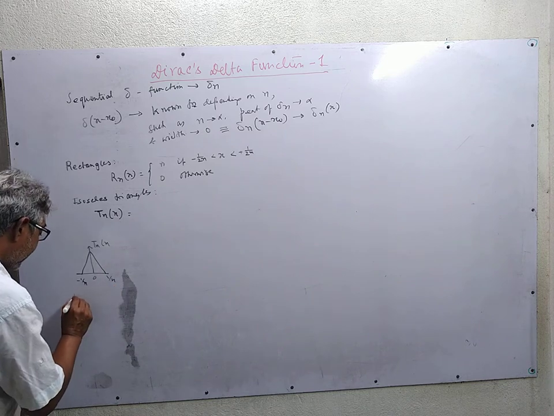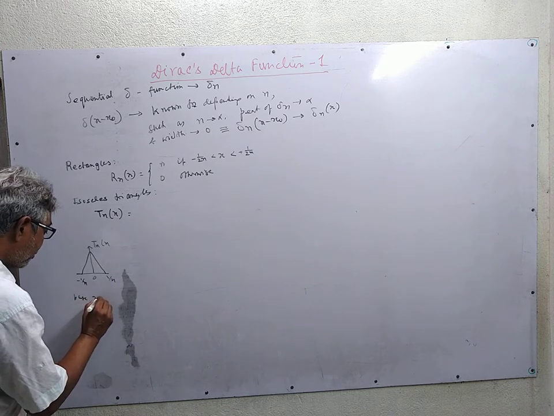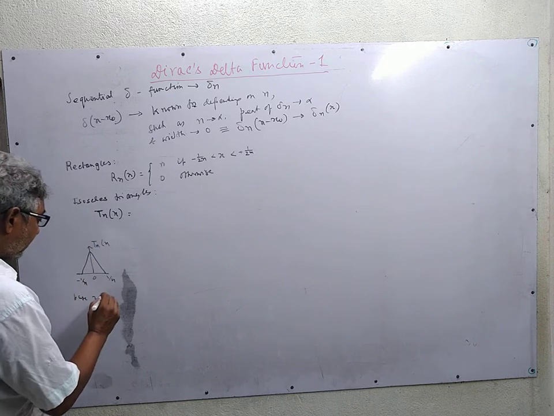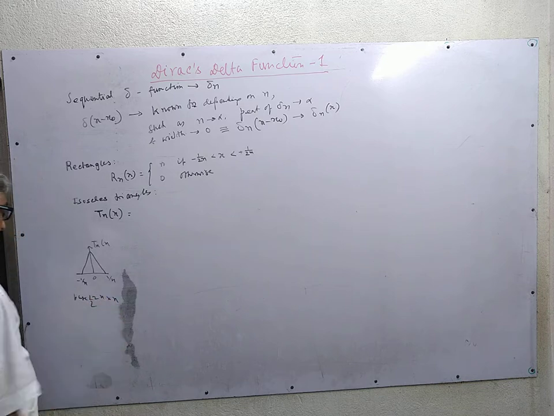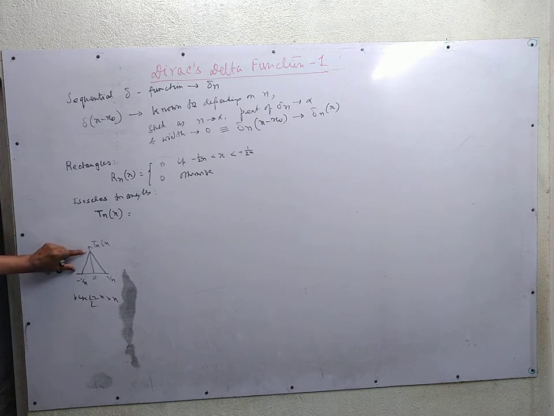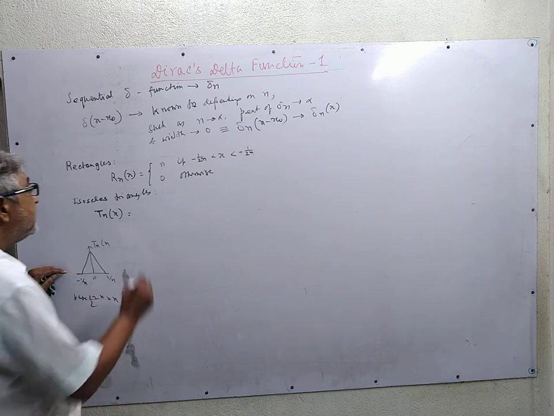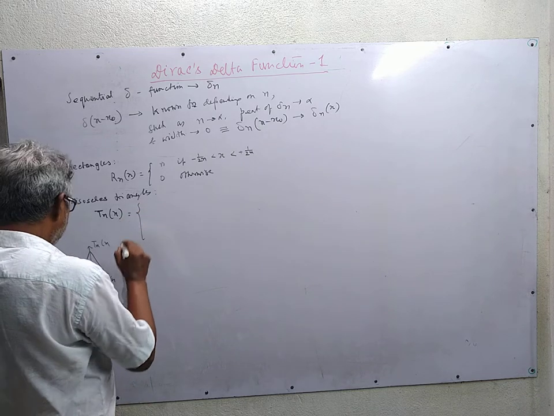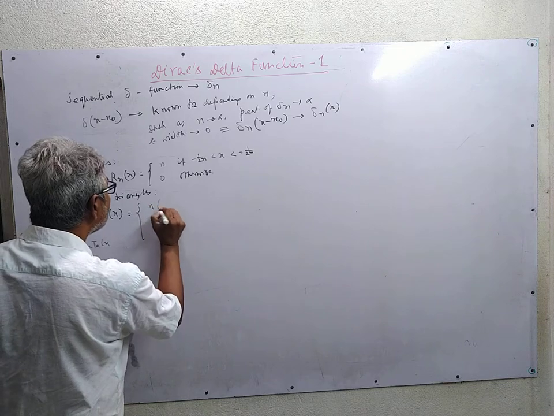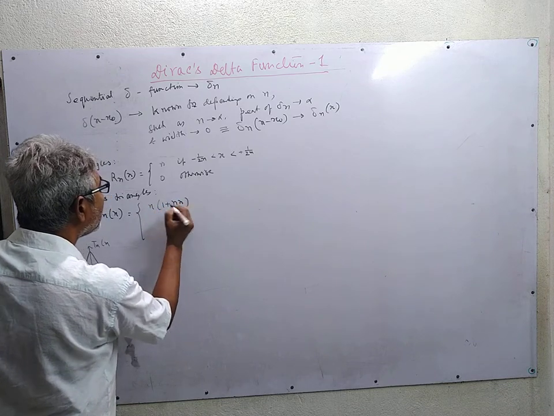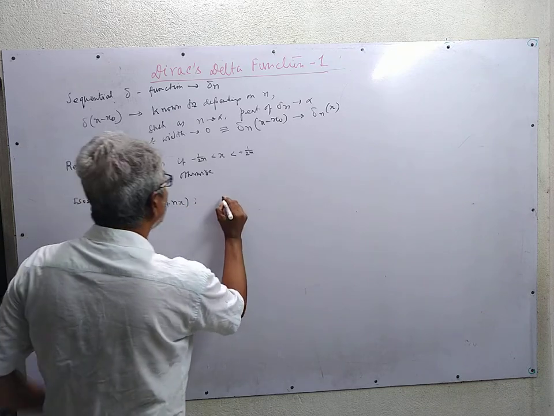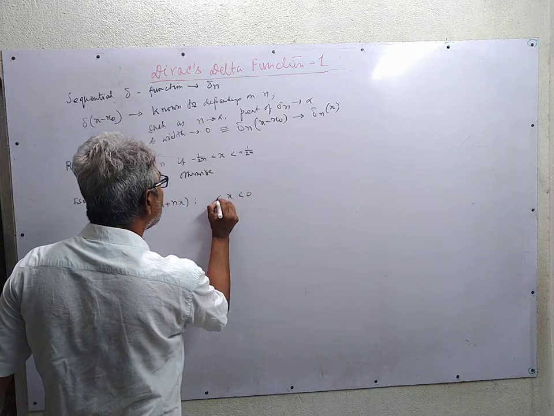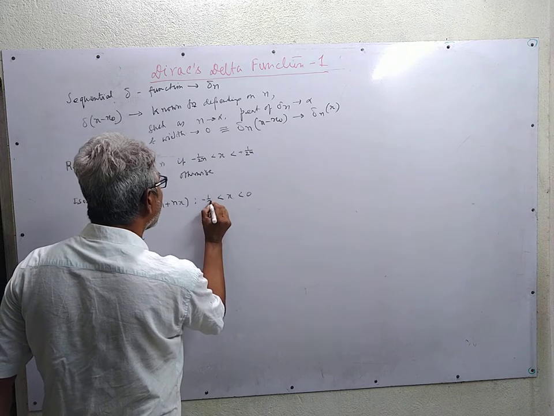The base of the triangle is 2 upon n, and the height is adjusted to be n, so that the area of the triangle is 1. So for this part, you see that the function has to be n(1 + nx) for x less than 0 and greater than minus 1 upon n.